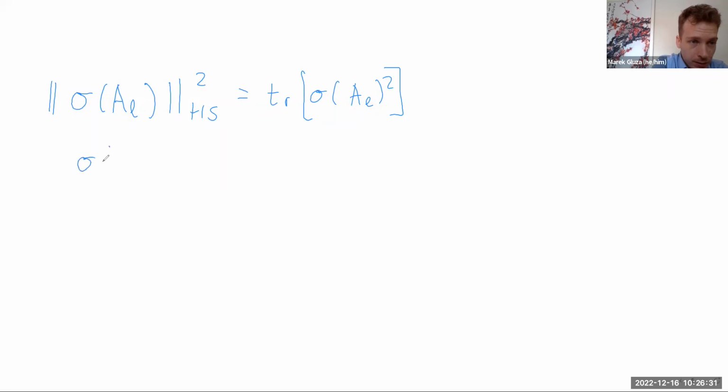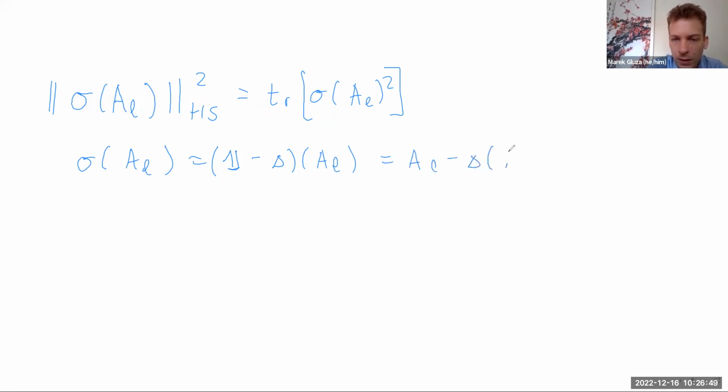Just as a reminder, sigma of AL is the identity minus delta applied to AL, which means I have AL minus delta of AL. Delta is the diagonal restriction.